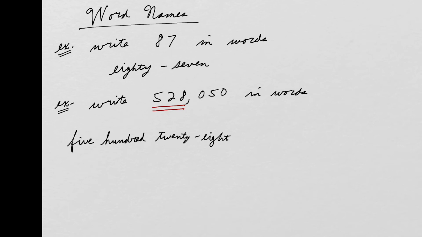And then I have to give the period name, right, which is thousands. Comma, and then I write the number that's in the ones group, and you don't have to write 1 or anything. You can just write the number, which in this case is just 50. So that would be it, right? 528,050.